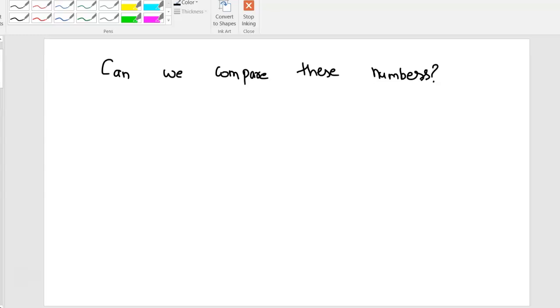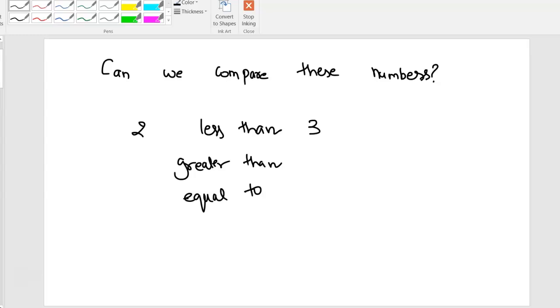To compare numbers, we use three signs. Any two numbers could be less than, greater than, or equal to each other. For example, 2 is less than 3, right? 3 is greater than 2, and 2 is equal to 2.